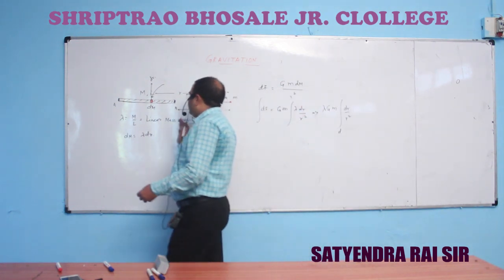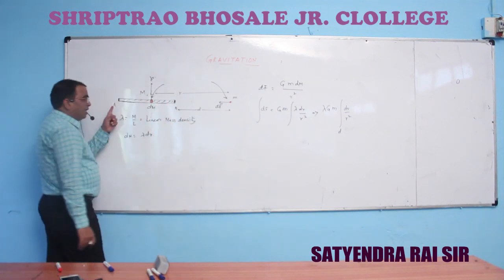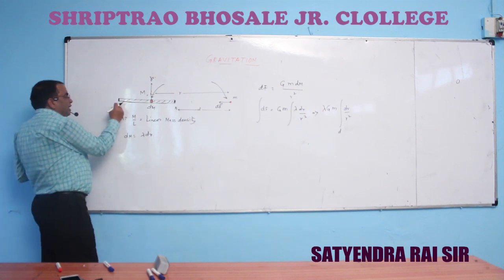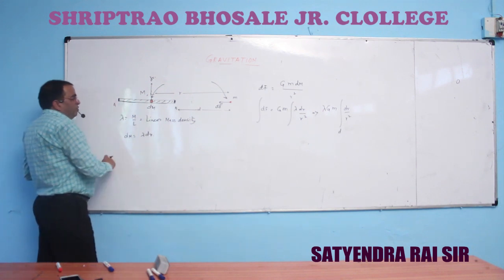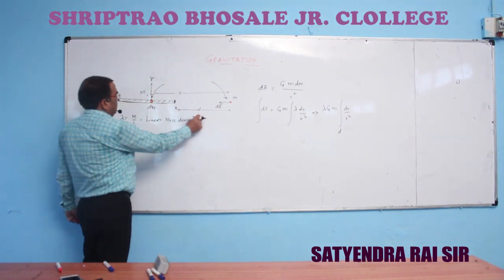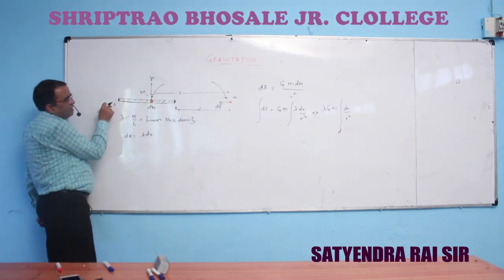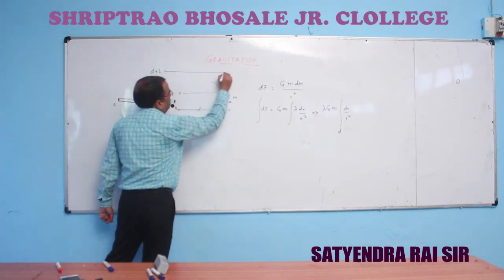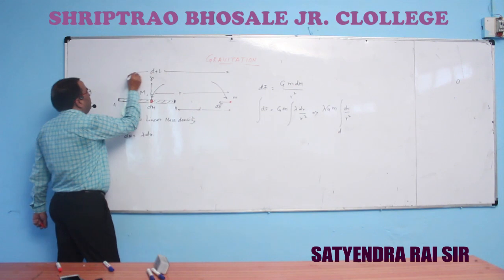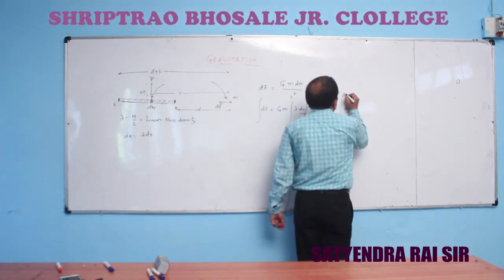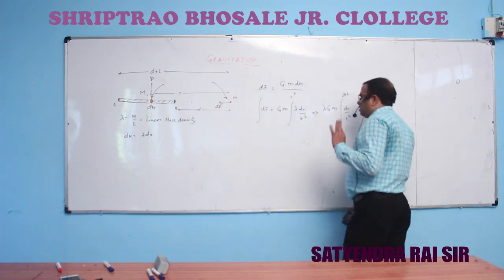The rod ends at a, so the closest element of the rod is at d, and the farthest element of the rod is at d plus l. So the limits are d and d plus l. The rest is easy.